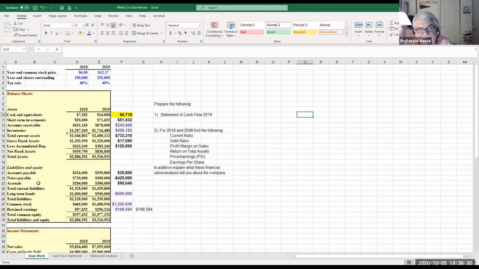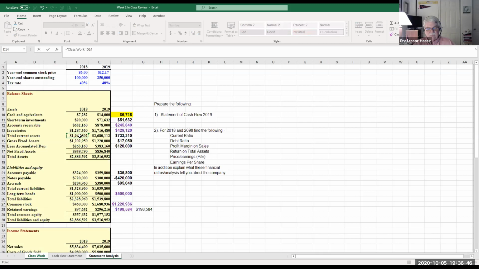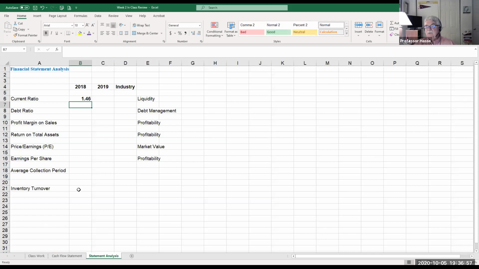For 2018, current assets of $1,946,802, divided by the current liabilities of $1,328,960, equals 1.46. That's the relationship of current assets to current liabilities in 2018.